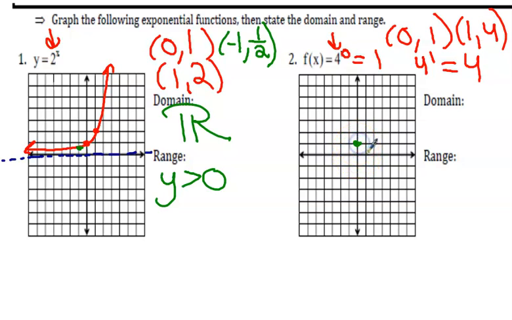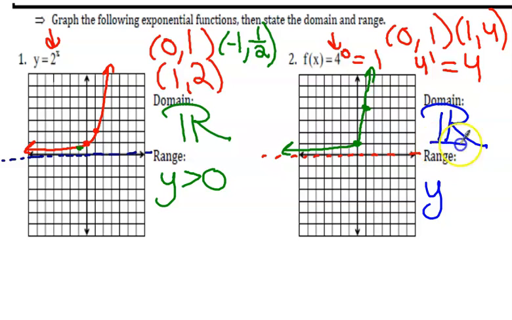So 0, 1, and then over 1, up 1, 2, 3, 4. So it's even going up faster than the other one. And then it tapers off on this side. I have my horizontal asymptote. Domain is all real numbers, range is y is greater than 0.